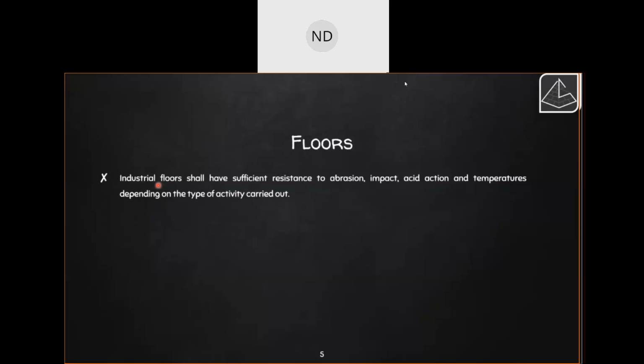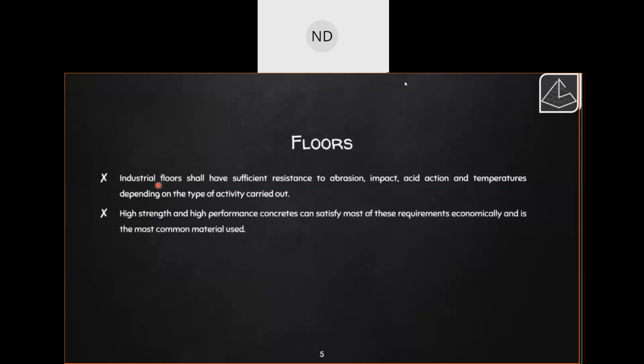The floor should be tough and should be abrasion resistant or temperature resistant. High strength or high performance concrete can satisfy most of these requirements economically and is the most common material.